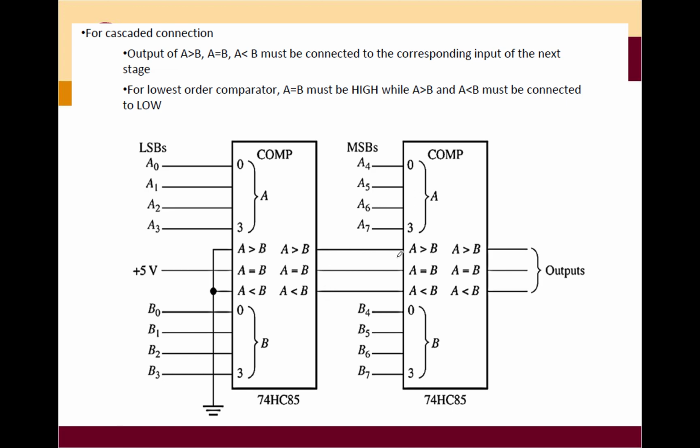You can see that it needs to be connected to the corresponding input of the next stage. So for the lowest order comparator, A equal to B must be high, while A more than B and A less than B must be connected.